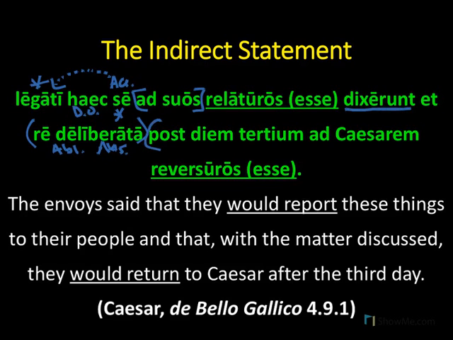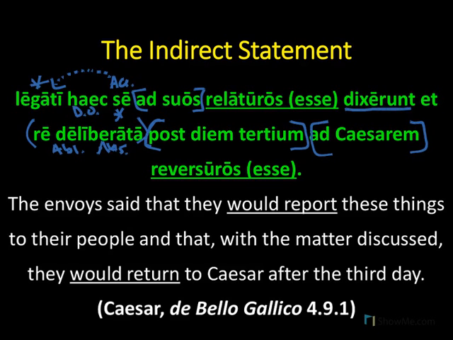Post diem tertium, prepositional phrase, after the third day, ad Caesarem, another prepositional phrase, to Caesar, they would return. Reversuros esse, another future tense infinitive that goes on later than the time of the main verb, dixerunt.